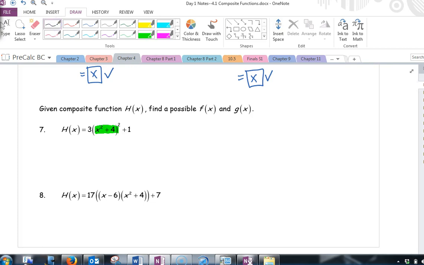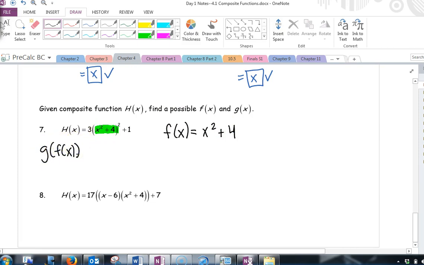Okay, so it's up to you whether you want to make that part f of x or g of x. It doesn't matter. I'll just make it f of x. So the plugged in part is x squared plus 4. That's the plugged in part. That means I'm finding g of f of x, because f of x was getting plugged in. So then that means that what was there originally was a 3x squared plus 1, because this went in for x there.